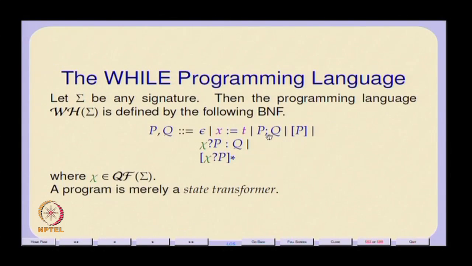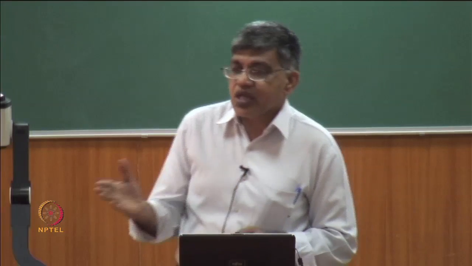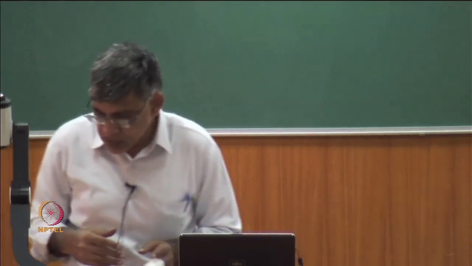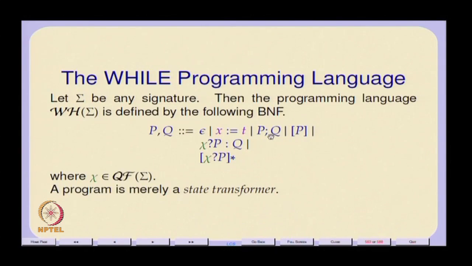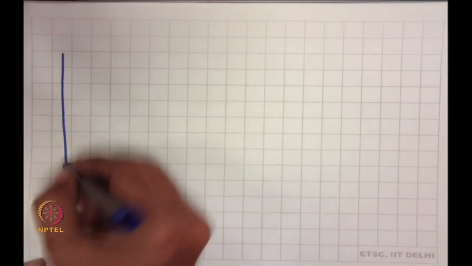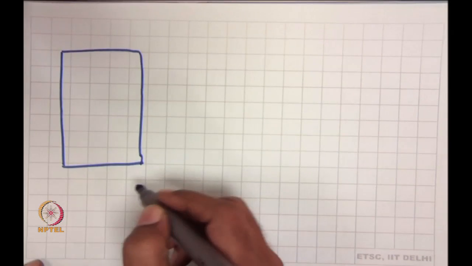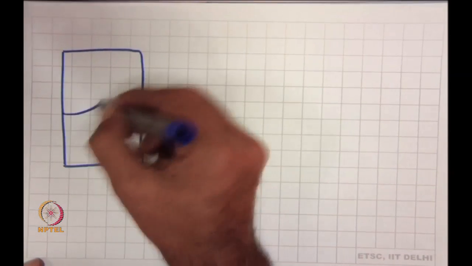Okay. So, when we look at a programming language, and when we look at programs, we think of them essentially as transformers of state, a state transformer. So, what happens is you have some memory. Okay. You have a memory bank of which you are using, let us say, some part.